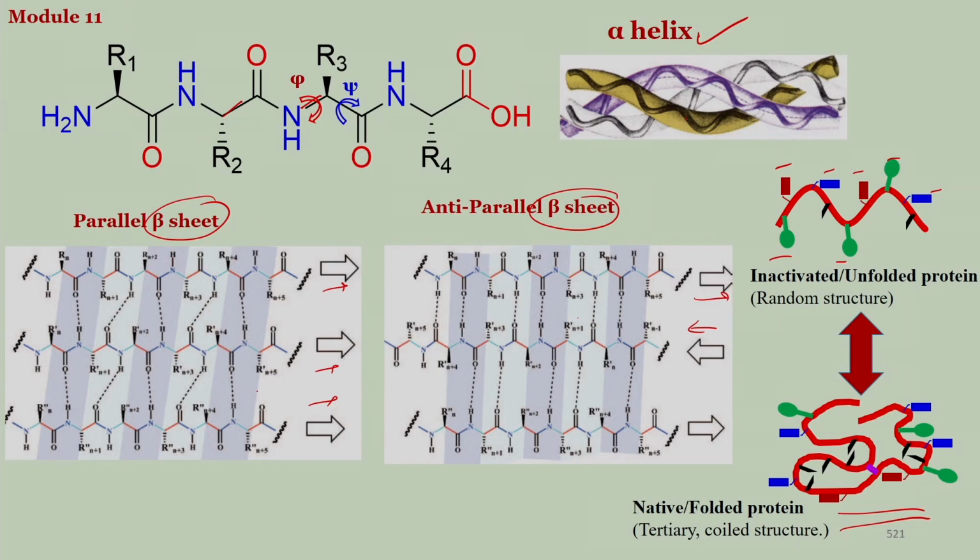And we have seen also that going from the unfolded secondary structure of the protein to the folded tertiary structure is a very spontaneous process. So, this is the ultimate geometry, or ultimate conformation, in which a protein exists.